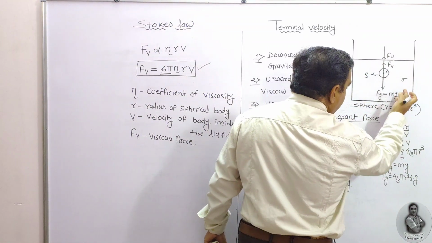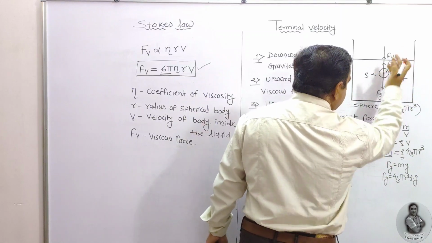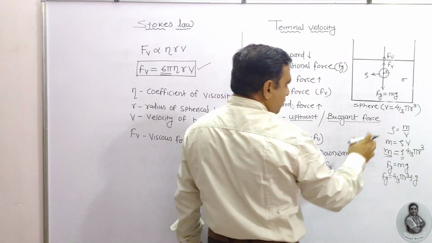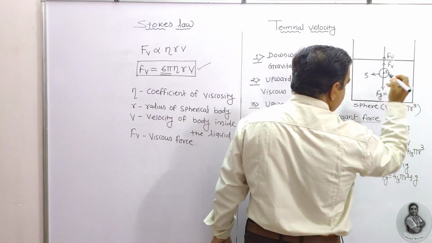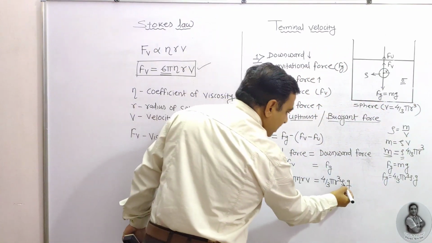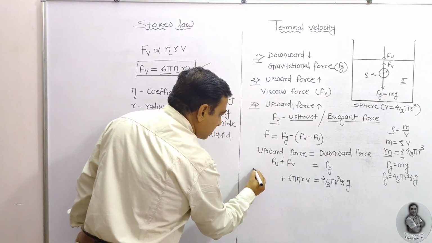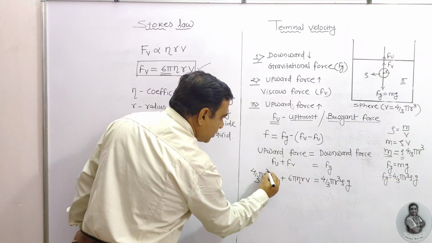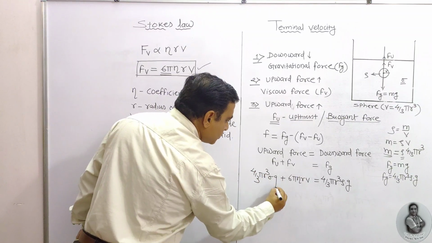Instead of this, the liquid exerts a sort of buoyant force from the lower side on the spherical body. So the only change is the density. Instead of rho, I am going to write 4 by 3 pi r cube into sigma into g.